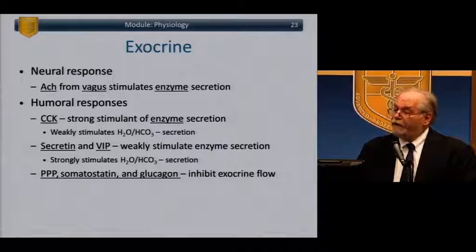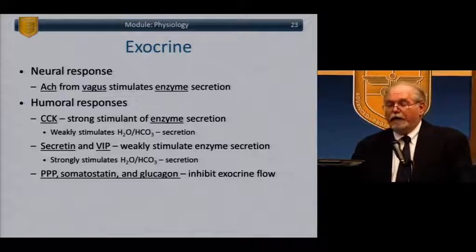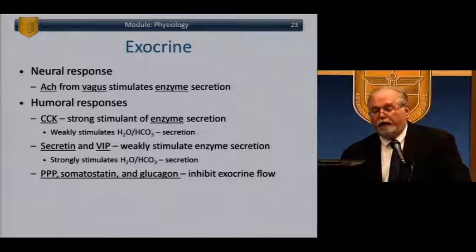The exocrine function, neural response, acetylcholine from the vagus stimulates enzyme secretion. CCK, or cholecystokinin, strongly stimulates enzyme secretion and weakly stimulates water and bicarbonate, whereas secretin and VIP, vasoactive intestinal polypeptide, weakly stimulate enzymes and strongly stimulate water and bicarbonate.